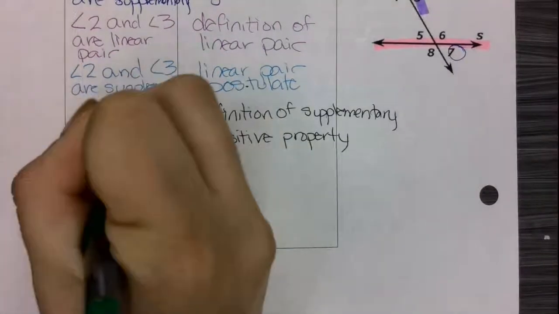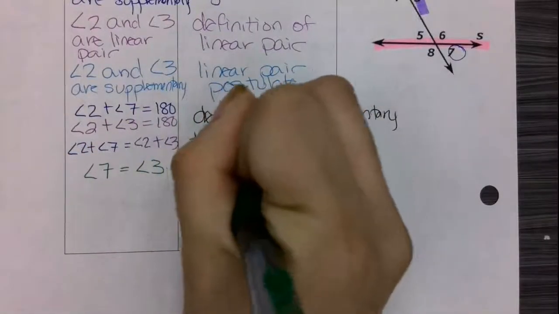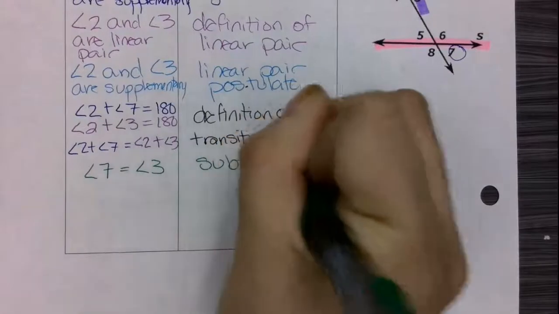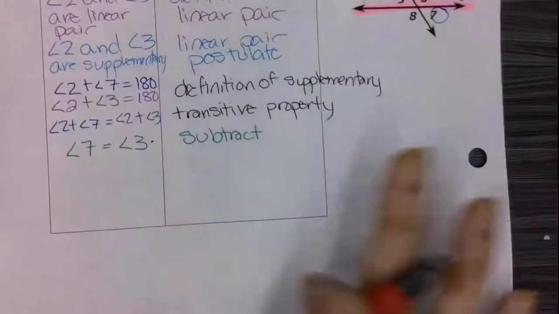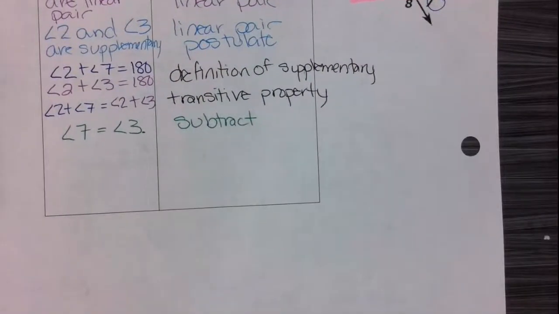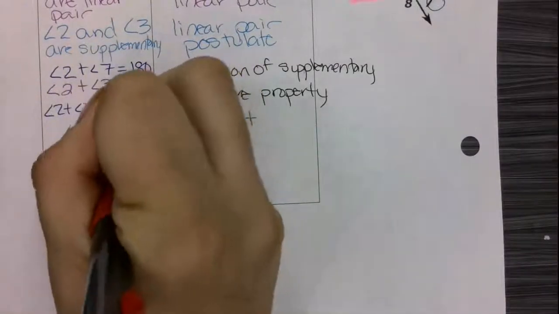Then I'm going to have angle 7 equals angle 3. This was just by subtracting angle 2. Then I'm going to have angle 7 is congruent to angle 3. And this is the definition of congruent.